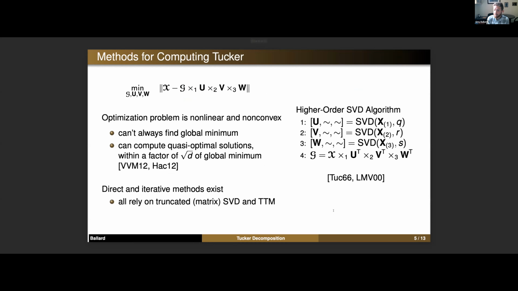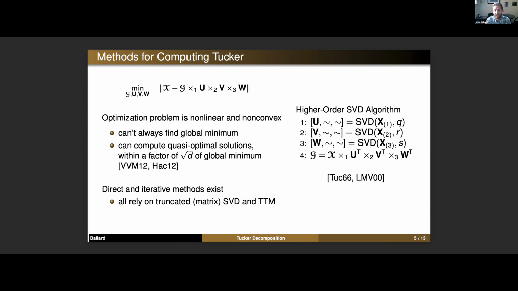Okay, so how do you compute this thing? There are different ways. The optimization problem here is the one where we fix the ranks. This optimization problem is nonlinear, non-convex. We can't always solve it to the global optimum and get that guarantee. So it's a hard problem, but for the Tucker format, we can actually guarantee that we can get really close to the optimal solution. We can find what are called quasi-optimal solutions.